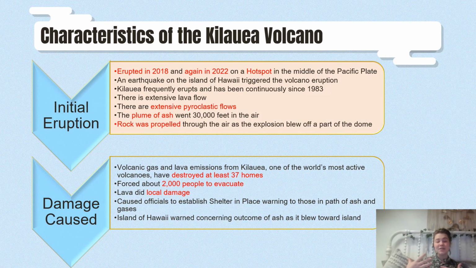There were extensive pyroclastic flows, plumes of ash, and rocks were propelled in the air quite far, actually. As far as damage caused, at least 31 homes were destroyed. 2,000 people were evacuated, and this damage was local. Luckily, we had no fatalities.